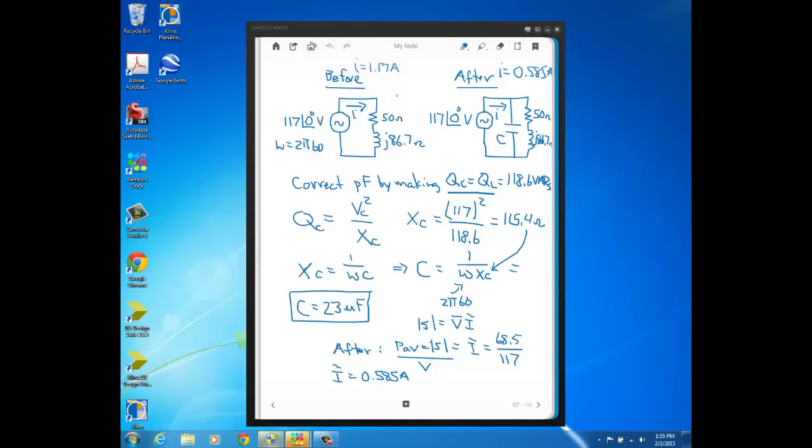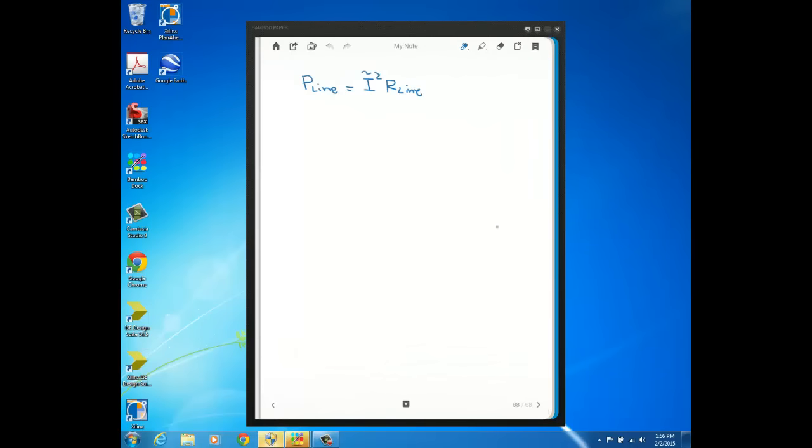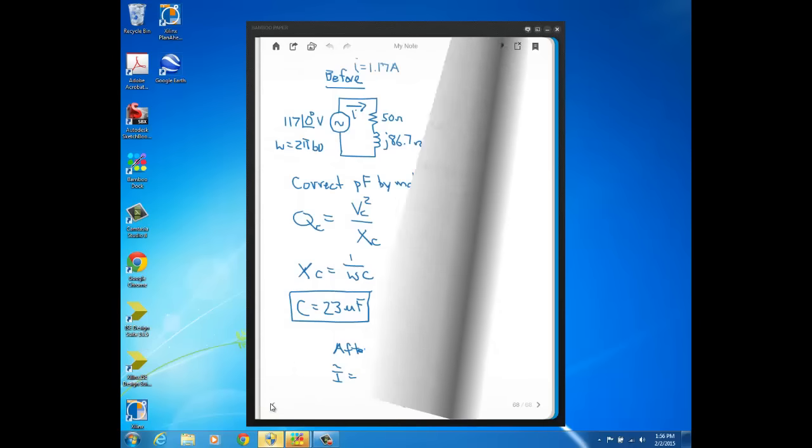Now, another important aspect of power factor correction is realizing that when the power factor is corrected, you actually do not affect motor performance. So if we go back to the previous page, sorry about that.